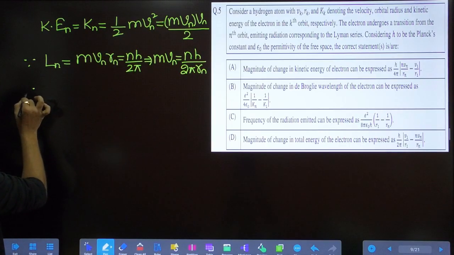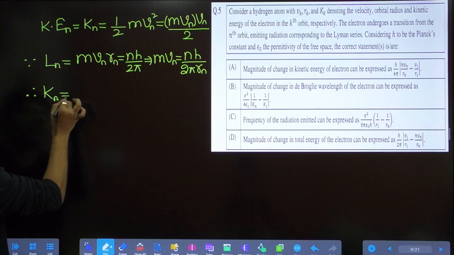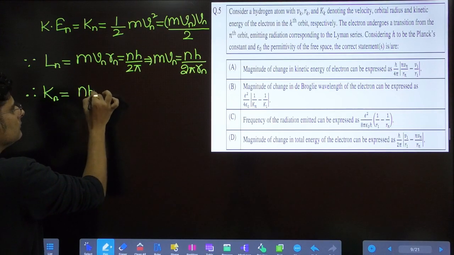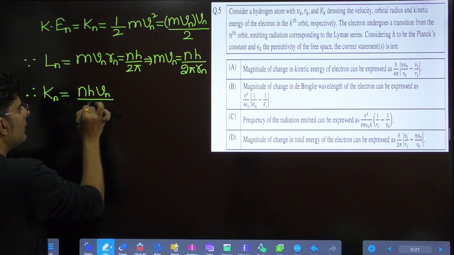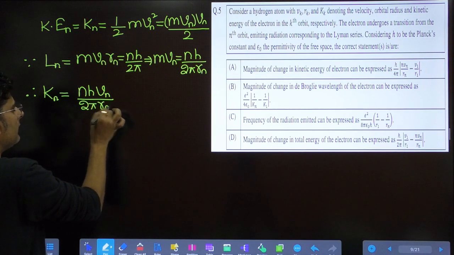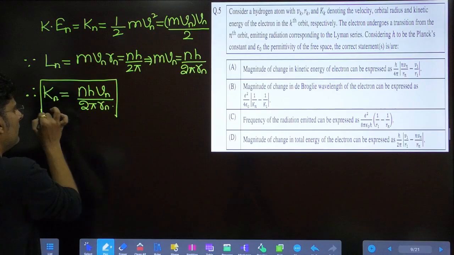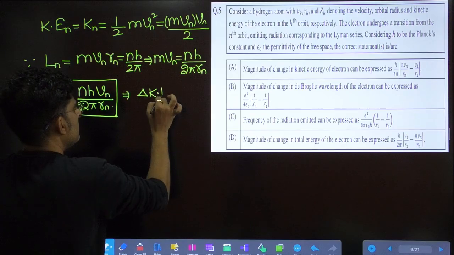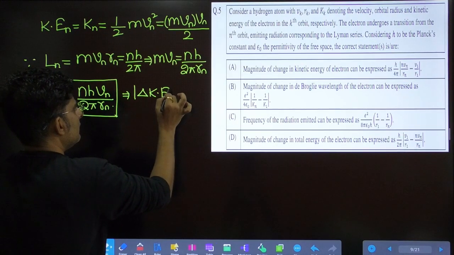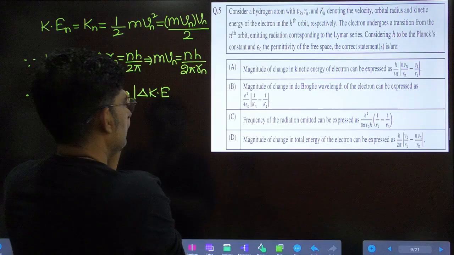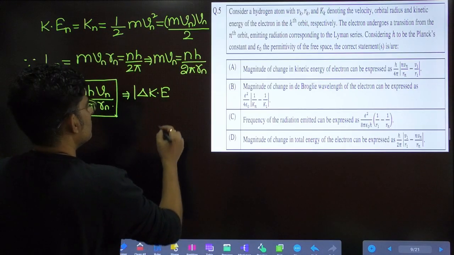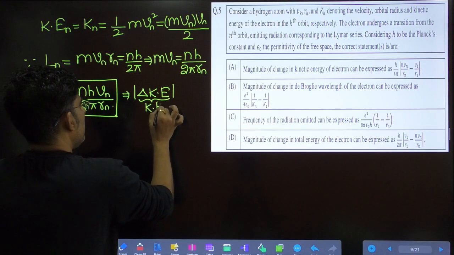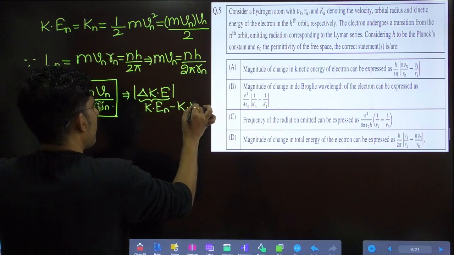So if I put this in the expression of kinetic energy, Kn becomes simply nh Vn by 2 pi Rn. So they are asking the change in kinetic energy, which they are taking as Kn minus K1.